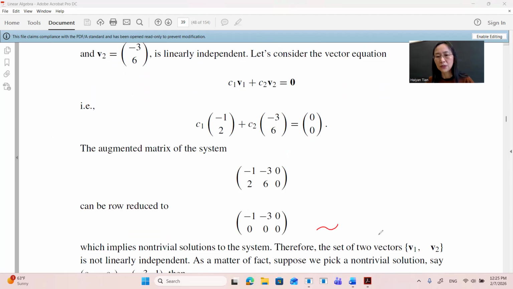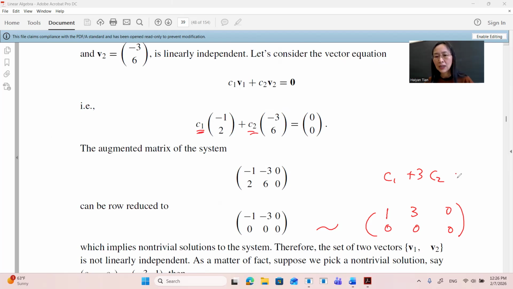You can further reduce it if you want. You can scale the first row by -1, so you reduce it all the way to the reduced echelon form. Immediately you see that c1 plus 3c2, because we're solving for c1, c2.